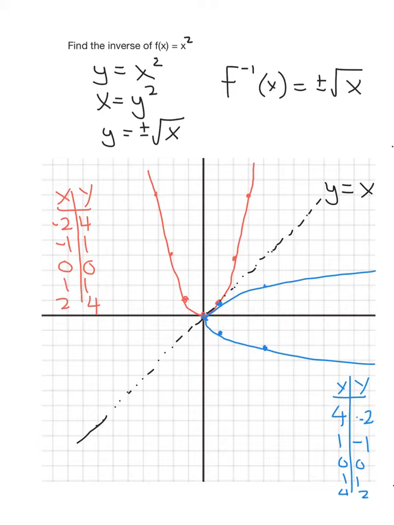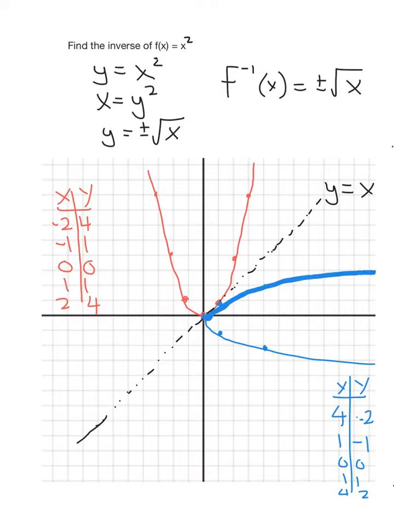So what does the plus or minus mean now? Well, the plus or minus has 2 parts to it. The plus root x will be the top of this graph. And so I can just do it in a bit of a thicker line to make it clear. So positive root x will be this bit here, the top bit.